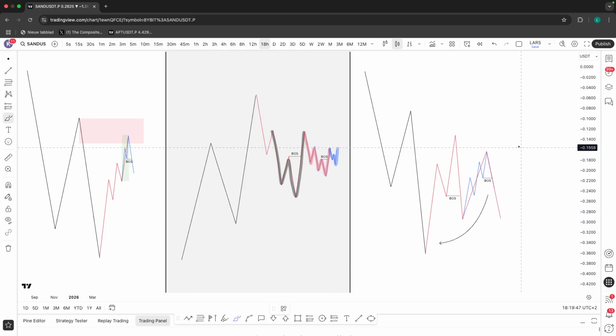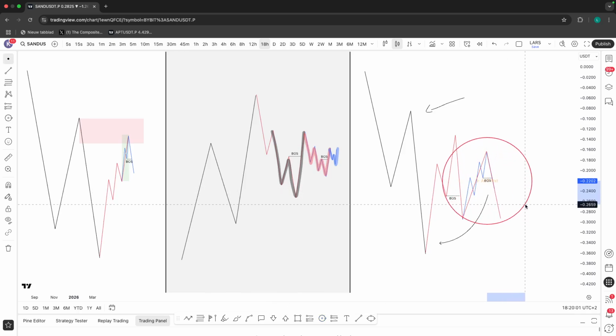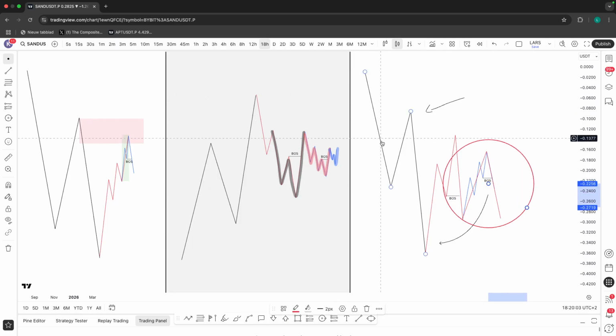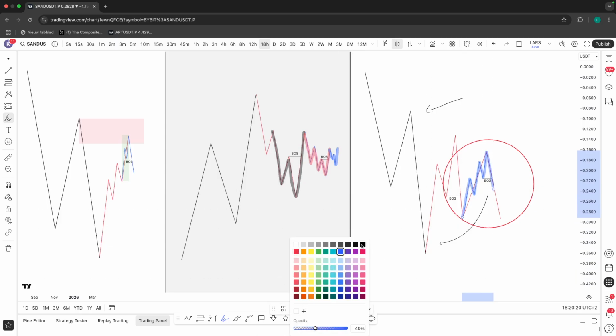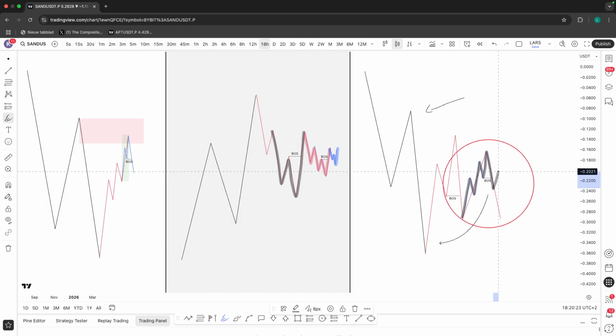However, if I'm looking for some local plays in here, for example, and I'm shifting my focus not to the broader picture, but to the zoomed in picture in this region, then my blue structure, which was initially level 3, if I looked at this as my level 1, level 3 can then become my level 1, because I'm simply focusing on this as my primary focus. And therefore that becomes my level 1 structure pool right there. And then maybe right here we get a retracement, which will then be level 2 right there.